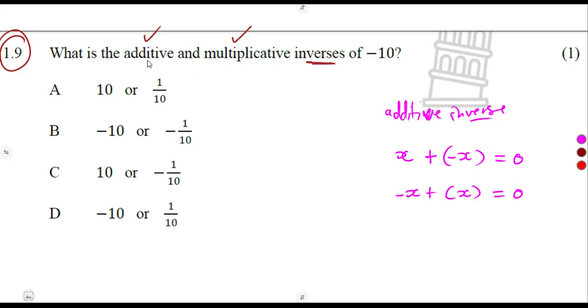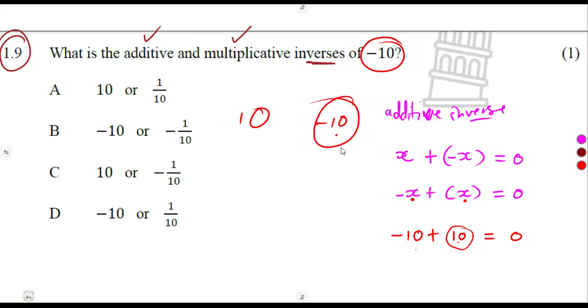So let's start with the additive of minus 10. So it's minus 10 plus what to get a 0. When it is minus x, we must add x. So we must add what? A 10 here to get a 0. Minus 10 plus a 10. The same number, guys, it only changes the sign. So when it was a 10, the additive inverse of a 10, you just put a negative, it will be minus 10.